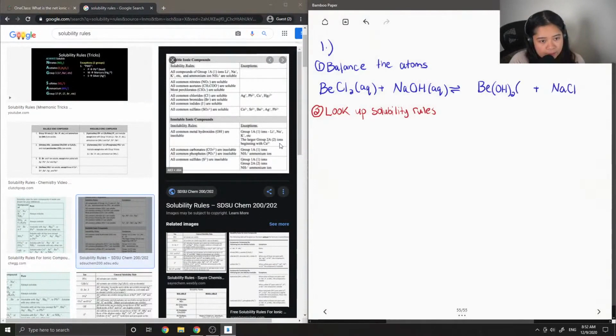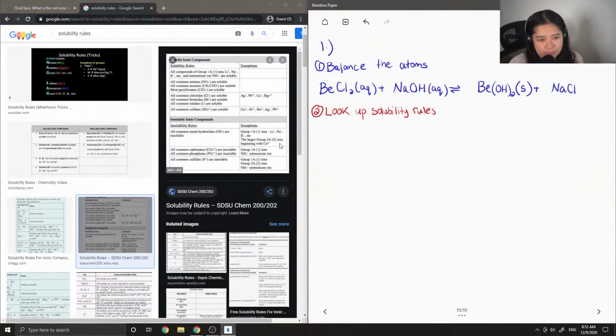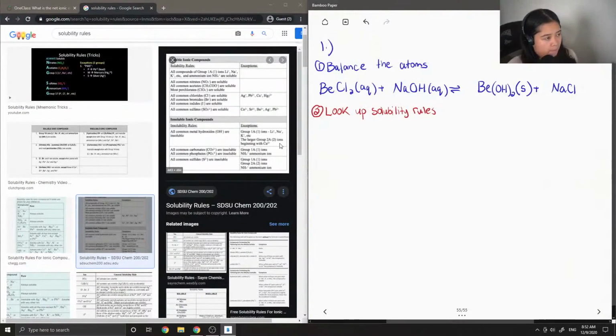So we can say that beryllium hydroxide will be a solid when it is produced. In the case of sodium chloride, sodium is a group 1A ion, and we know that it will be soluble, so I put an aqueous.